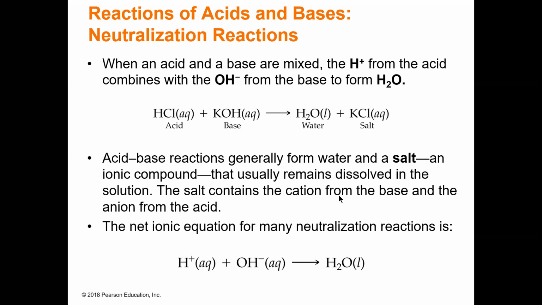The salt contains the cation from the base and the anion from the acid. And then the net ionic equation, because again, if we were to stretch this out and just look at what the important thing is, the Cl is just a delivery system for the H. The K is just a delivery system for the OH. So the net ionic equation would be H plus and OH minus to give us liquid water.